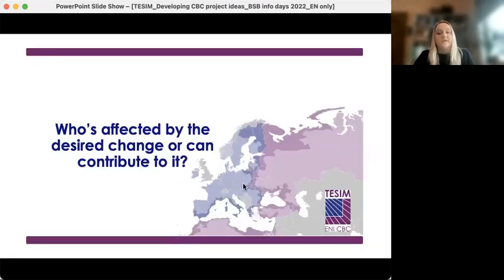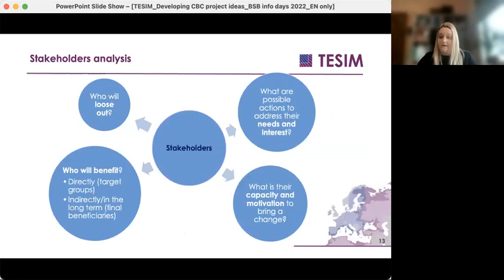Now, as already mentioned before, stakeholders are different subgroups that have to be considered for your project. And these can be the local, regional authorities. For the tourism projects, these can be, for example, the tourism agencies or businesses in the tourism sphere, or the local population living in the area of the project implementation. Don't forget that they are critical for the success of your project, and that their voices must be heard and taken into account.